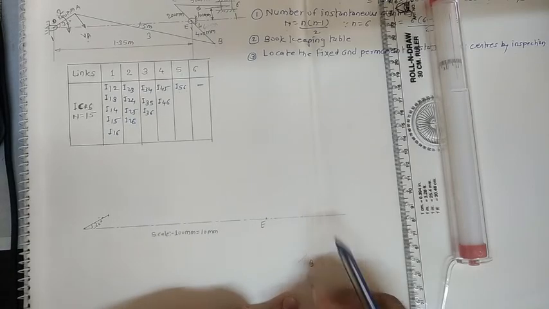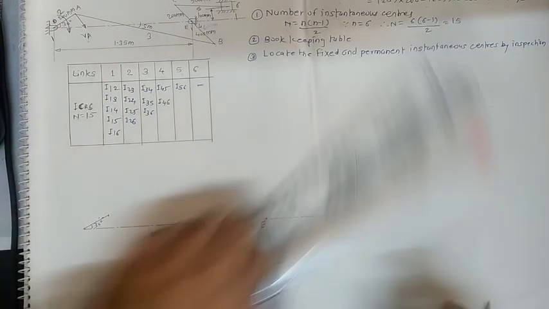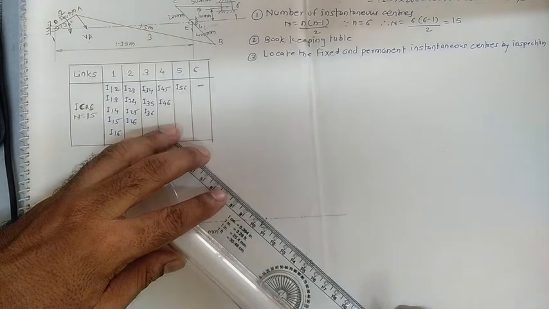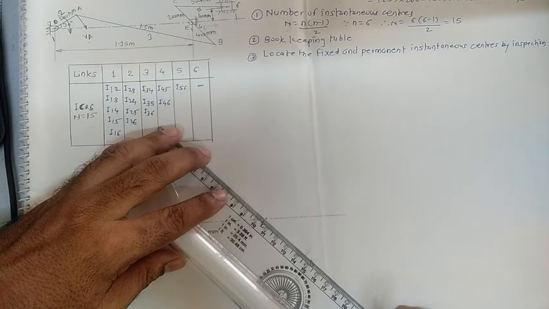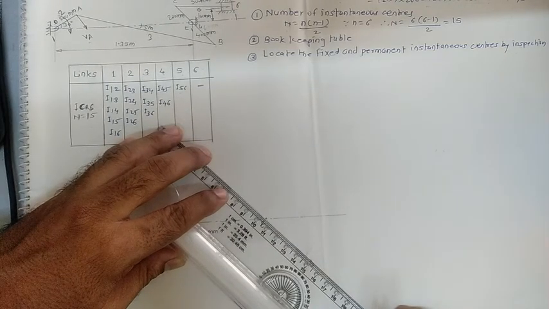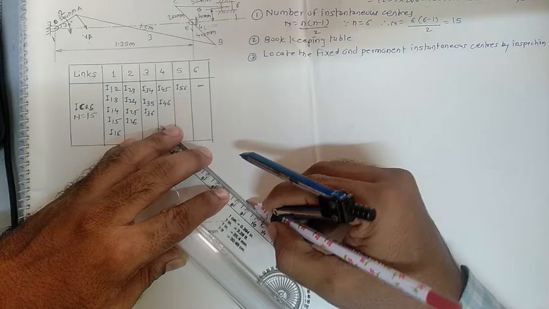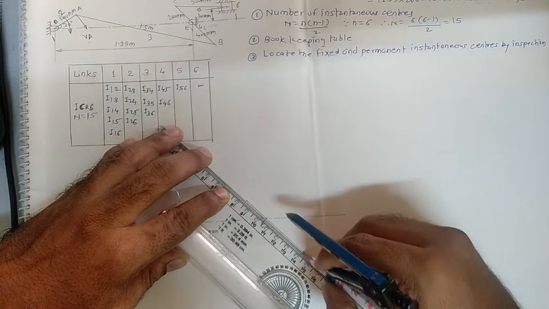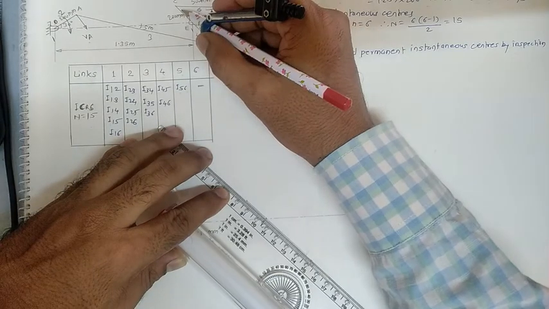Once we found this point, now move towards the next one. Here the length for this one is 4 centimeter, or 40 as per the scale we have selected, and for the next one, 20 should be selected, because the 200 length is given here, okay.